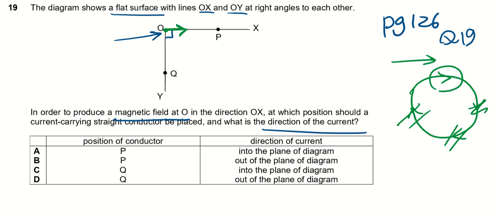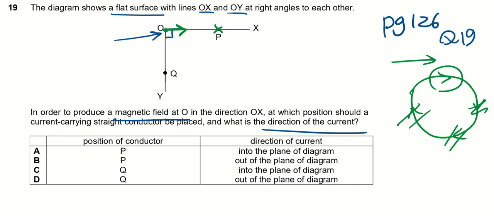Okay, how about I draw the magnetic field if the wire is placed at P. Let's say I choose the current to be going in. So the cross shows that the current is going in.